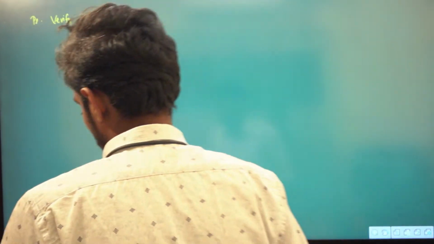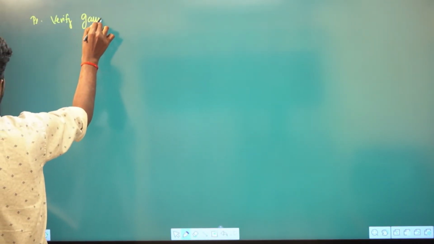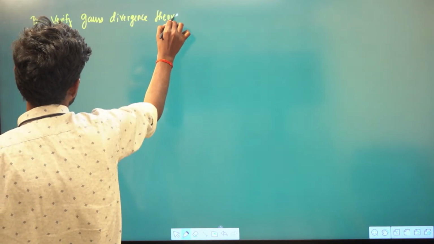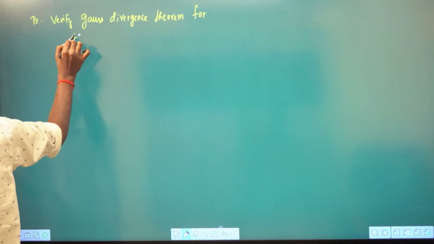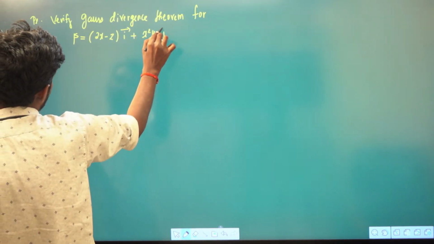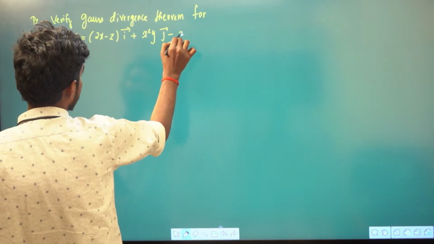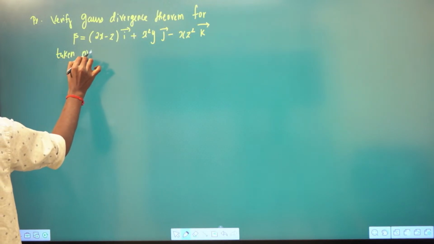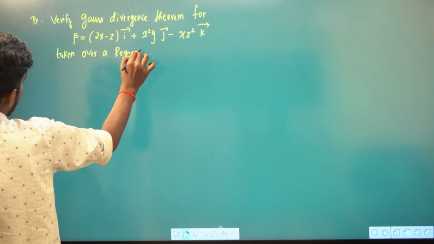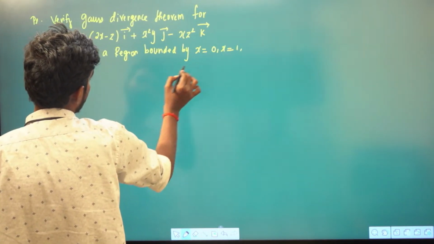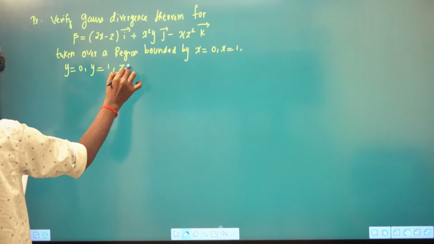Verify Gauss divergence theorem for F vector equals 2x minus z i vector plus x square y j vector minus x z square k vector, taken over a region bounded by x equals 0, x equals 1, y equals 0, y equals 1, z equals 0.